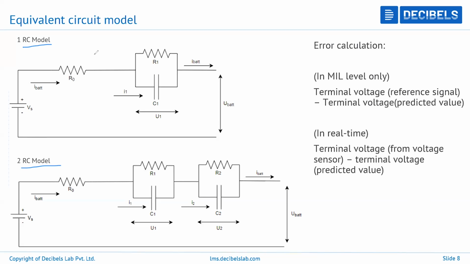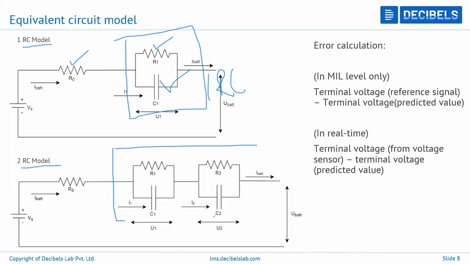It's called an equivalent circuit model because you are representing the cell as an electrical circuit here. You can see one resistance in series, the other resistance in parallel along with the capacitance. Or you can represent it as a series of two RC circuits as well. This is one RC branch, just one RC branch, and here you can see there are two RC branches.